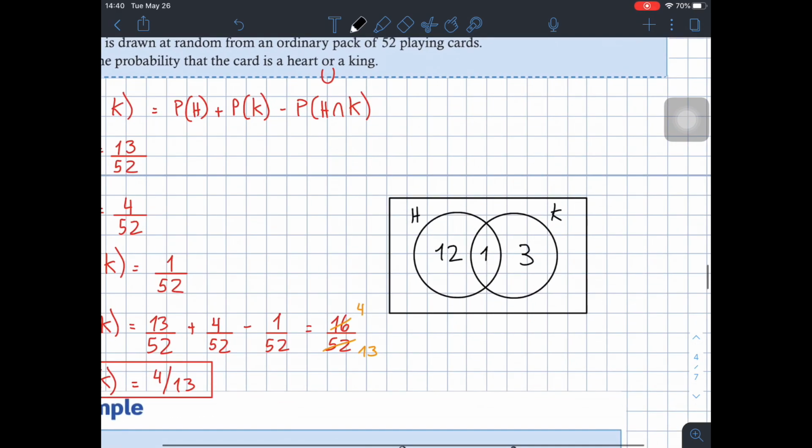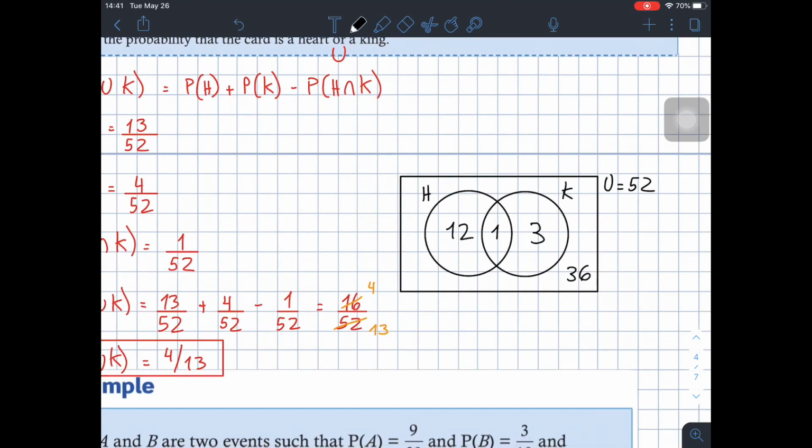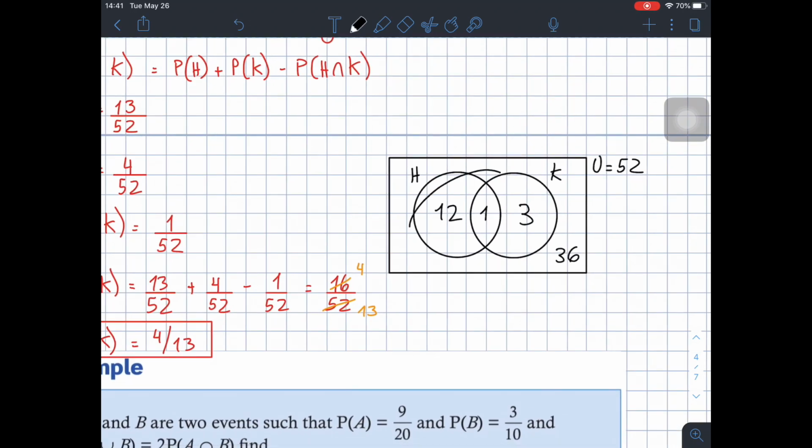So my universe in this case is 52. I have 52 playing cards, right? Outside of the circles, I have the remaining cards. That would be 12 plus 1 plus 3 is 16, and 52 minus 16 is 36. I got 36 cards outside of these two categories. If you visualize this, it's easier to conclude that the probability of heart or king is equal to this addition divided by the universe.